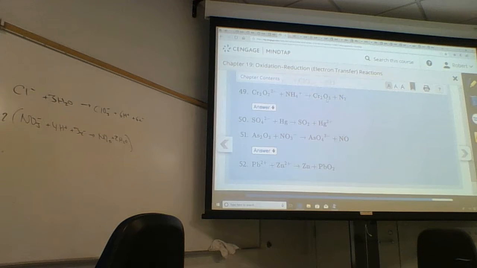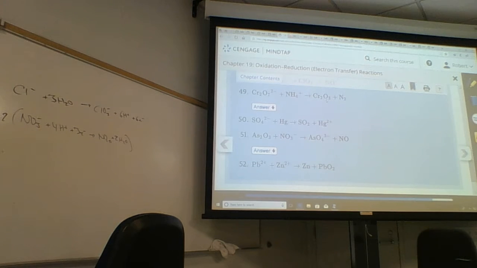The other one would be ammonium goes to nitrogen. 1 nitrogen, 2 nitrogens. How do I balance it? 2 ammoniums. No oxygens, so we skip that. 8 hydrogens, no hydrogens, so plus 8H plus. Plus 2 plus 8.